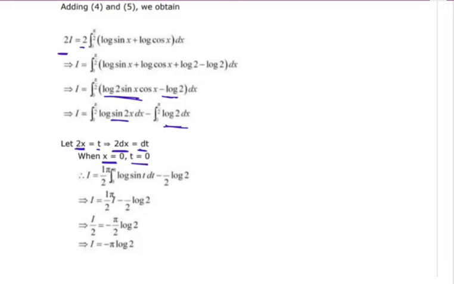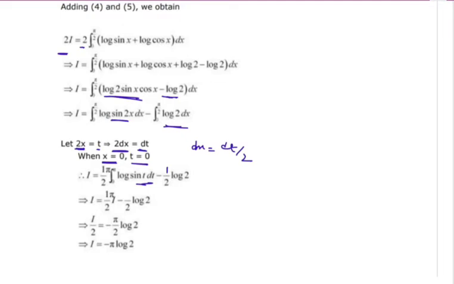I equals 1 by 2 outside, and dx means dt by 2. So taking 1 by 2 outside, we get the integral of log sin t dt minus 1 by 2 log 2 for the dx term.